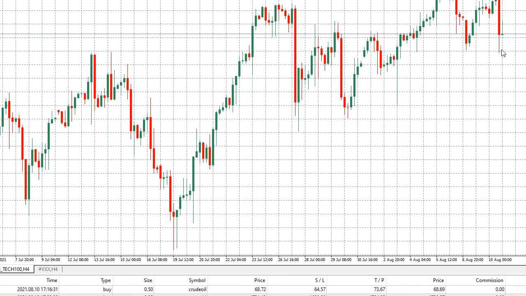Now, I would suspect that this climb could be accelerated if that stimulus passes in the US. Okay, this is a major uptrend on these indices, and perhaps you see a better entry point with the NASDAQ. Okay, now, infrastructure stimulus doesn't necessarily help tech stocks.